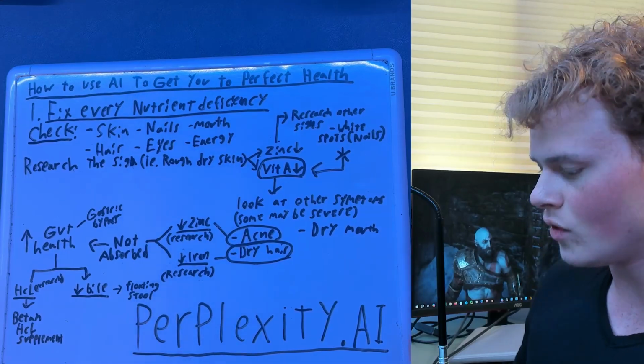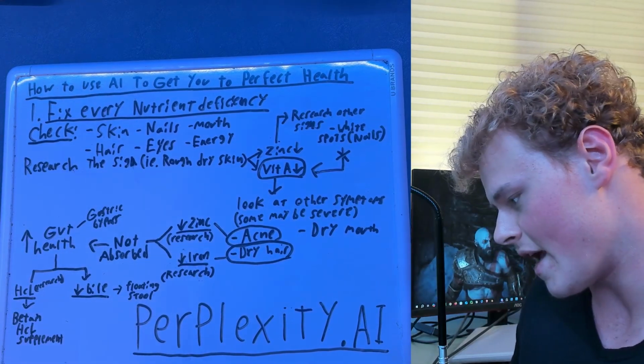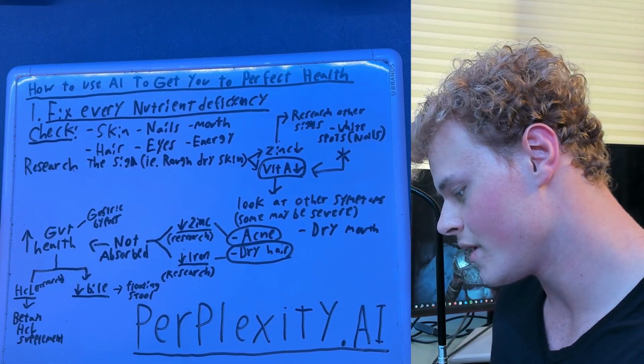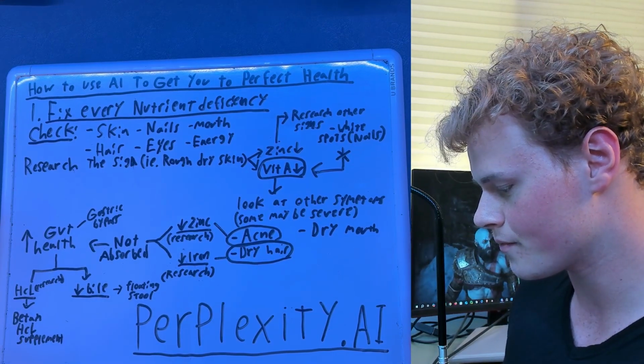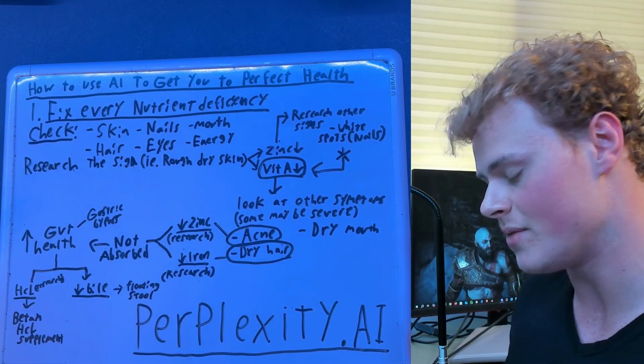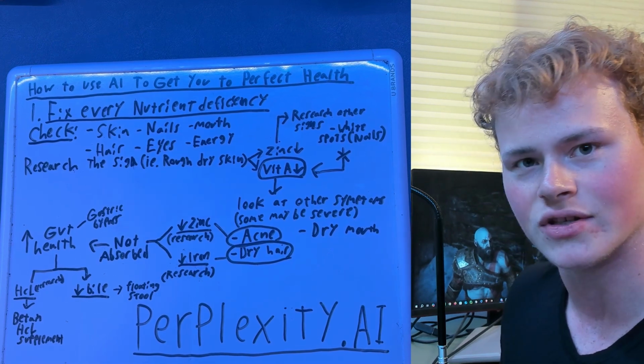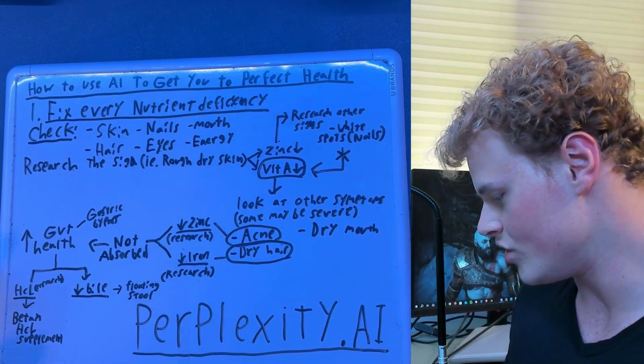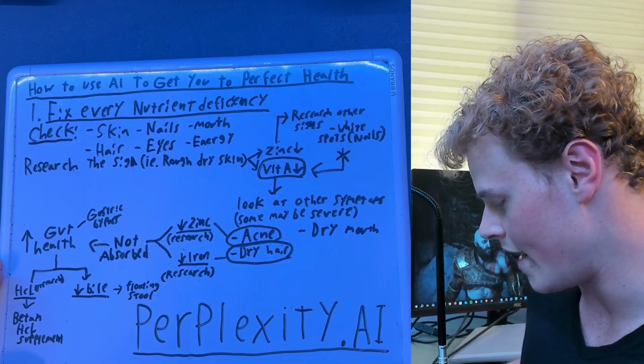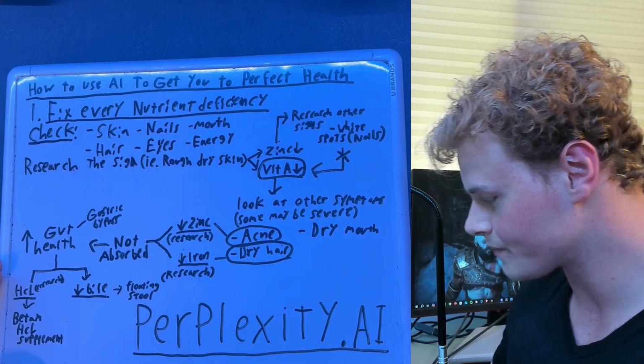Now, when you look at these signs, you want to gather every single symptom you have, and you want to research every single symptom you have using perplexity.ai. That's the website I use.